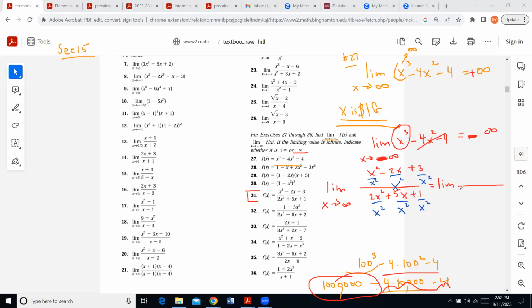So we're going to have just number 1 here, minus 2 over x, because x squared and x cancel, and finally plus 3 over x squared. And analogously with the denominator, this will be 2 plus 5 over x, and then finally plus 1 over x squared.